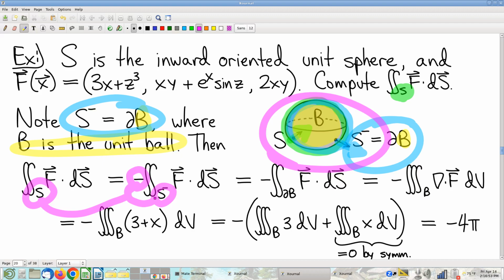So I've connected the flux through the originally asked green surface to the preferable, much easier to work with flux through the blue S minus boundary surface. And the cost of that, of course, is a minus sign, and don't forget your minus sign.